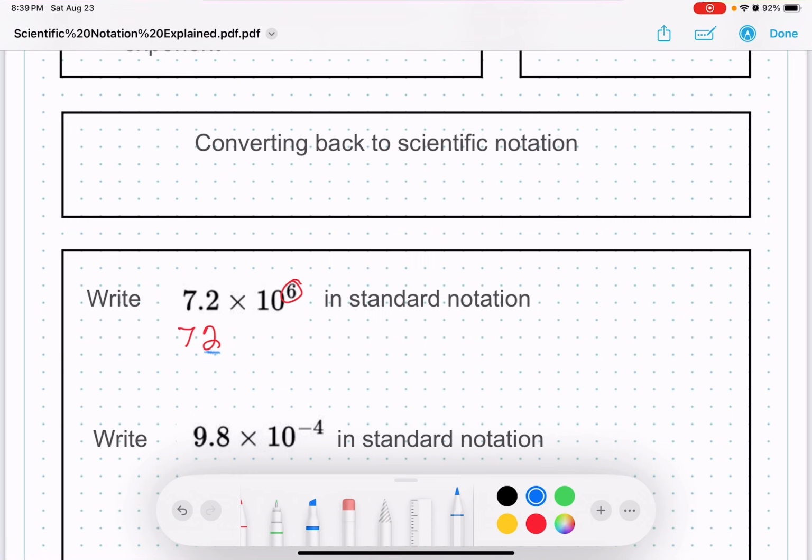And that's 1, 2, 3, 4, 5, 6. And I'm going to fill in some zeros and add my commas. That gives 7,200,000.